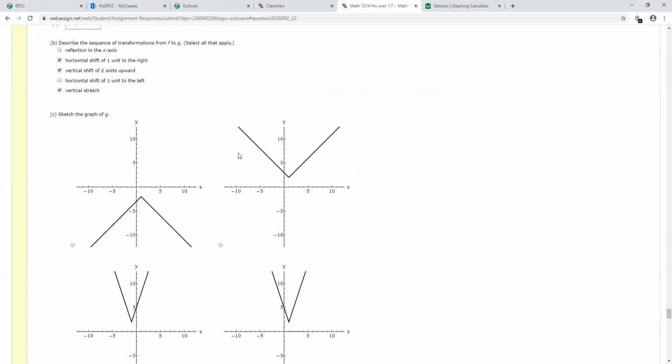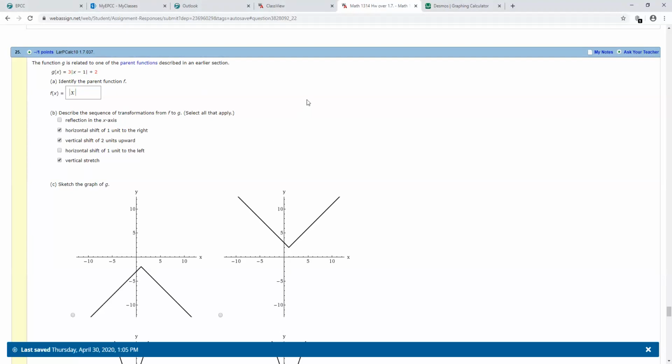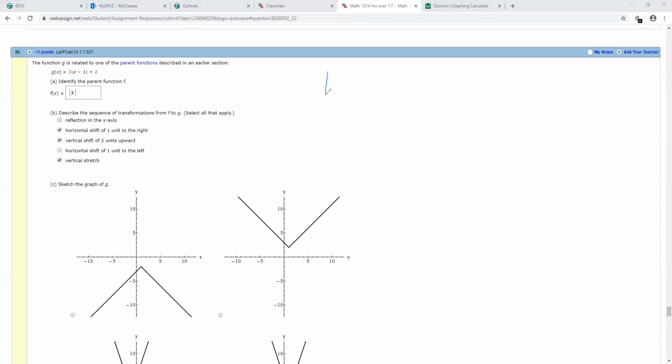Very good. And now, let's think about that graph. This is the parent function, absolute value of x. Okay, and then Griselda, which one do we have to do first? What transformation?